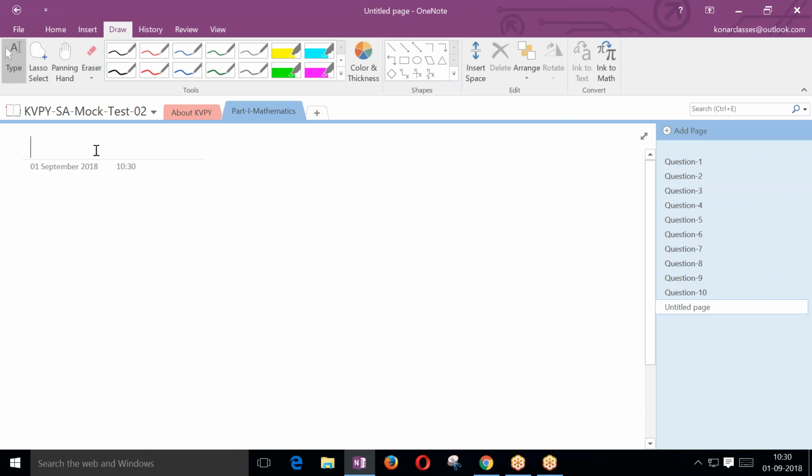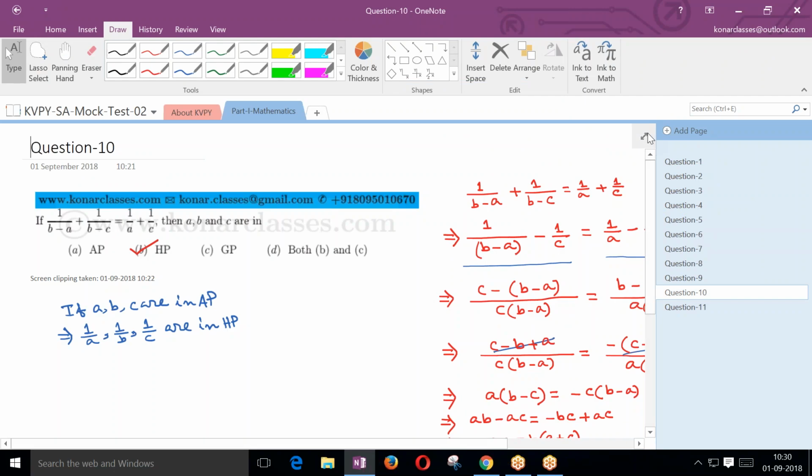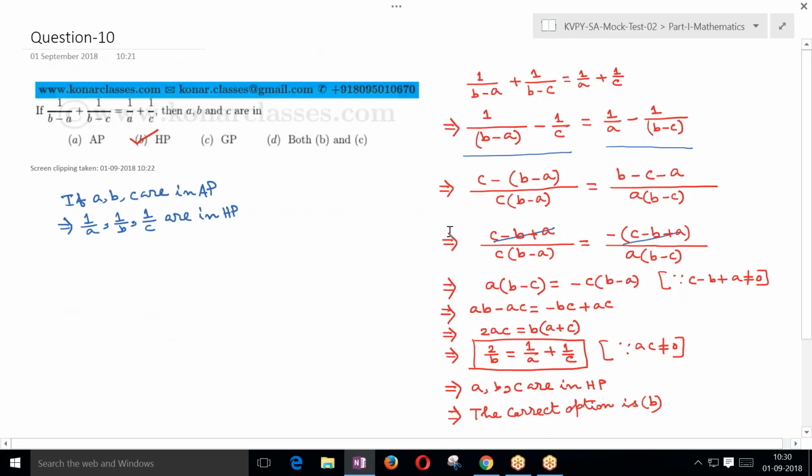Okay, great. Excuse me, sir. Yeah, please. Sir, can't we directly substitute values, like suppose a as 1, b as 2, and c as 3, to check whether it is an AP? See, the point is that no, you really cannot do this. If you do this, it will take a long time, because you may land up with an AP for one particular example, but it may not be true generally.